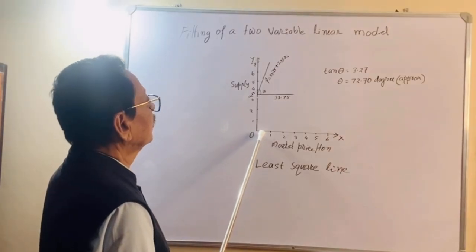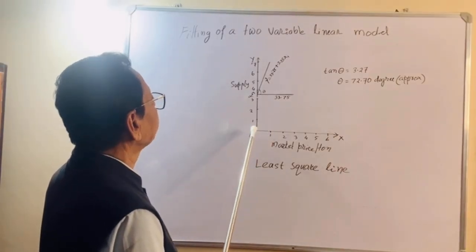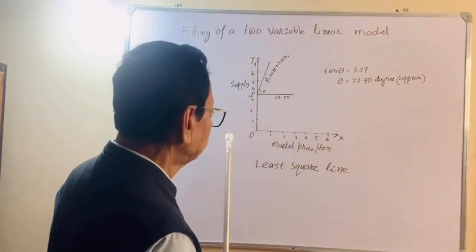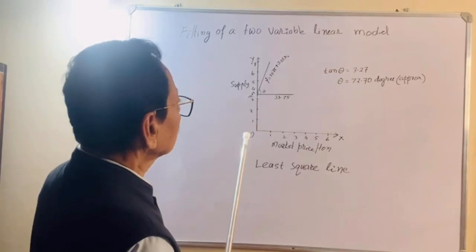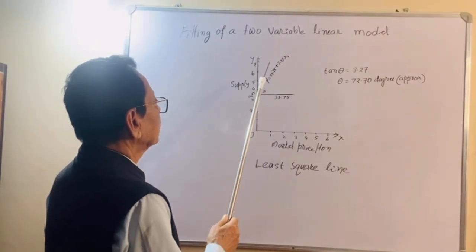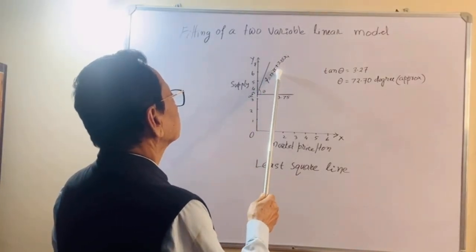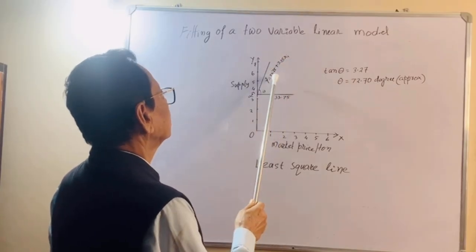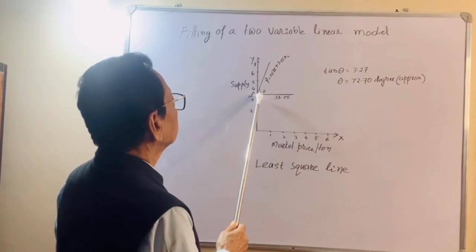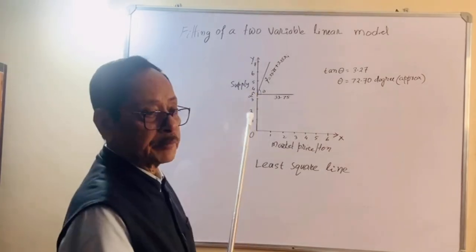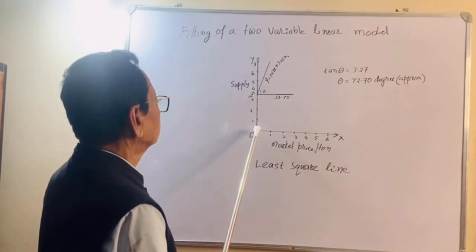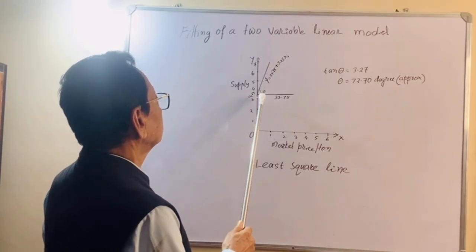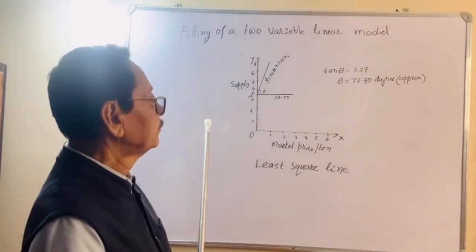So when market price increases, supply of the commodity also increases. Now, we have seen that the estimated line is 33.75 plus 3.25 xi, where 33.75 is the intercept, from 0 to this much. So this is the intercept, the value of alpha.